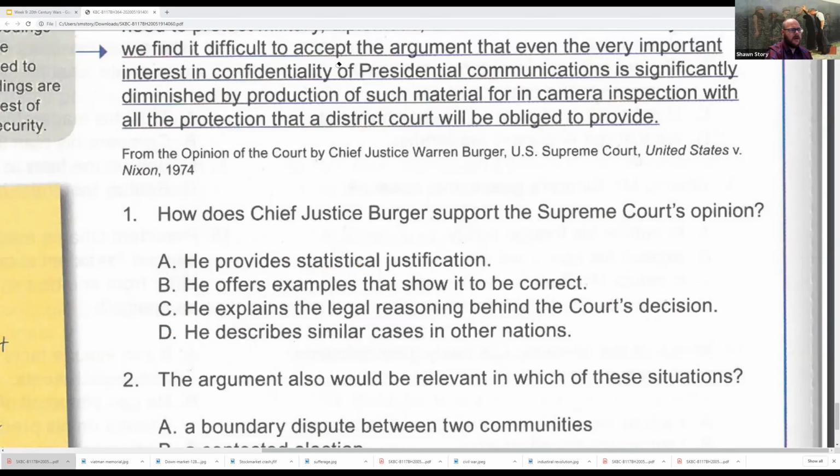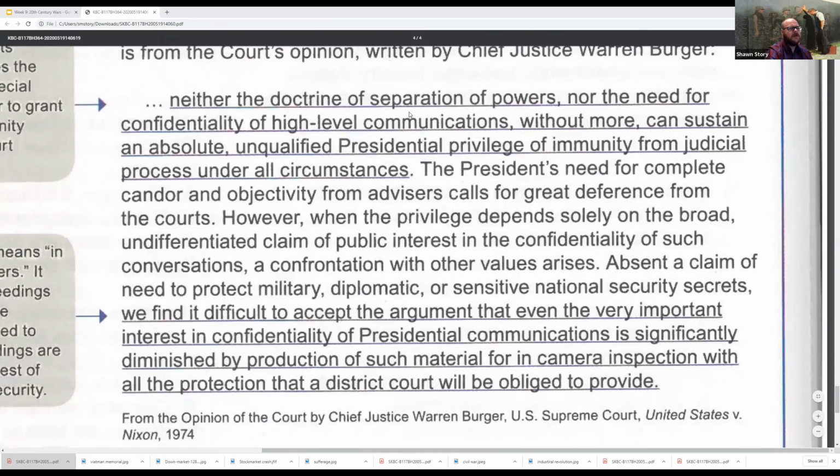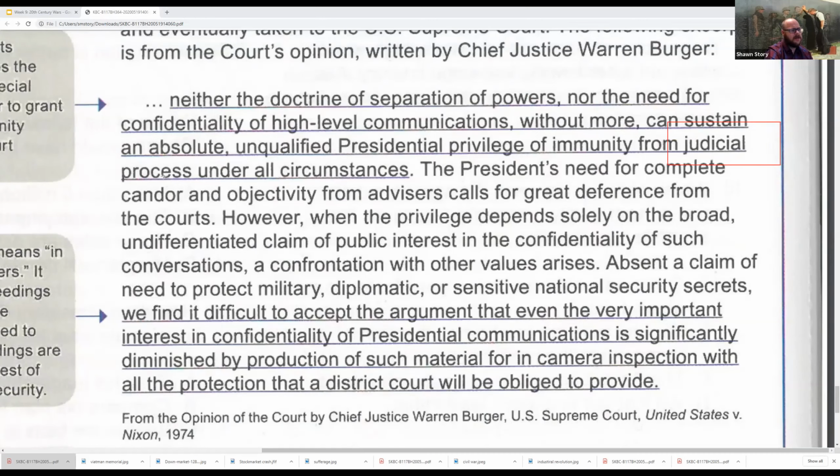Let's look back again. Neither the doctrine of separation of power nor the need for confidentiality of high-level communications without more can sustain an absolute, unqualified presidential privilege of immunity from judicial process under all circumstances. From judicial process. When I see that word, when I see judicial, that means courts in my mind.